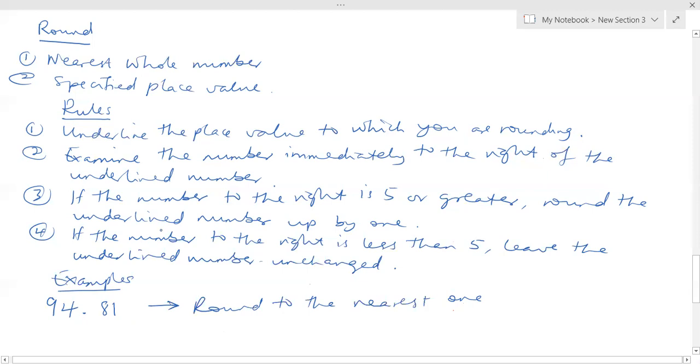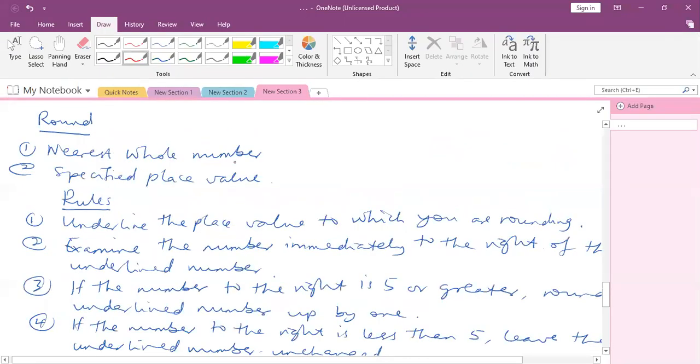First, we have to underline the place value to which you are rounding. So we're going to underline this one here.